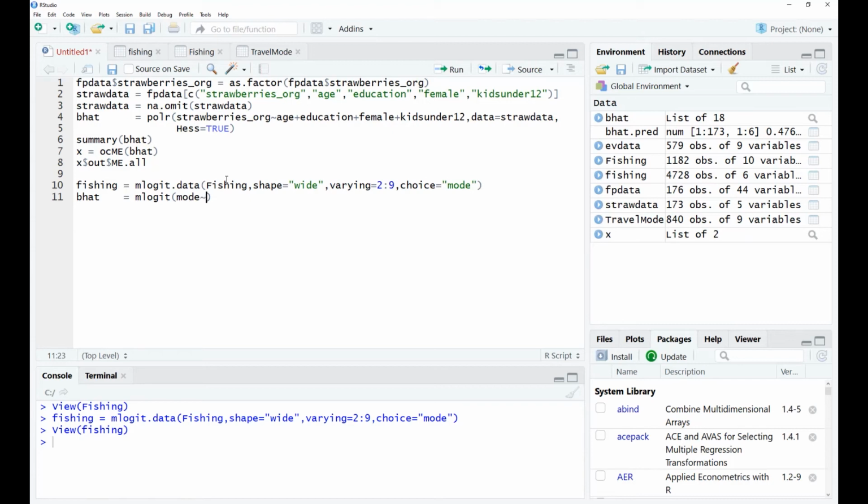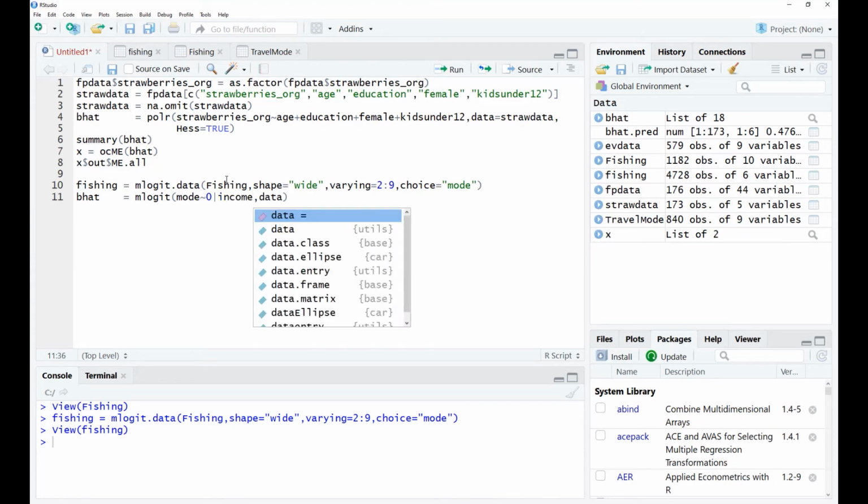RStudio wants to have the alternative specific variables first, then a vertical bar, then the individual specific variables. Now in this case, we do not include the alternative specific variables, so we just put in a 0, then we include a vertical bar, and we say income, and the data is equal to fishing.